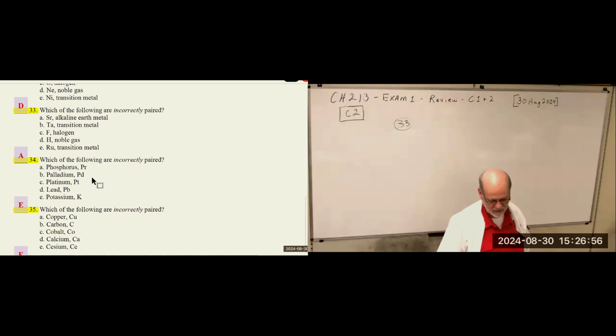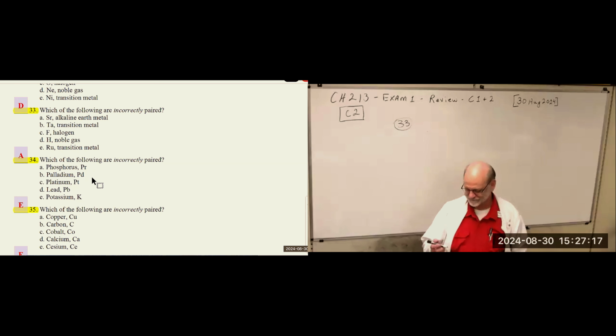Yep, it's a transition metal. Fluorine's a halogen. Yep. Is hydrogen a noble gas? I don't think so. We send rockets into space with hydrogen. If it were a noble gas, it wouldn't react. All right, so D is wrong.